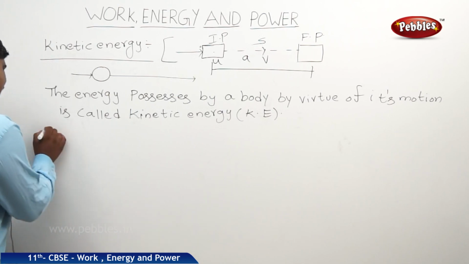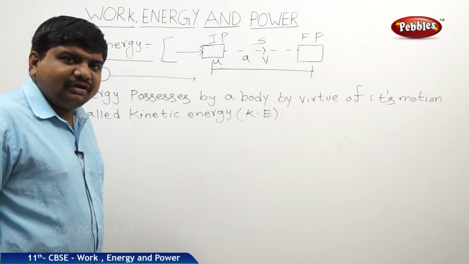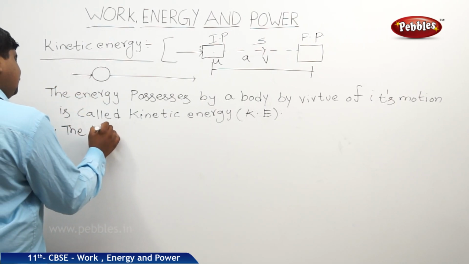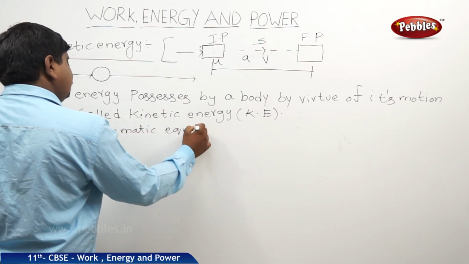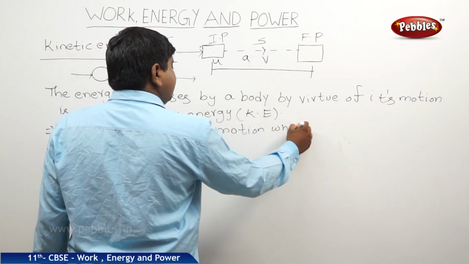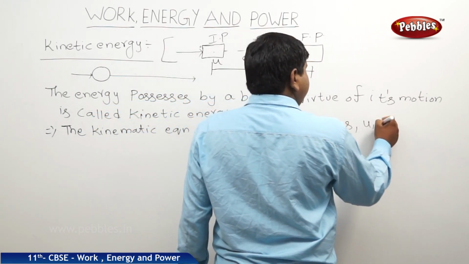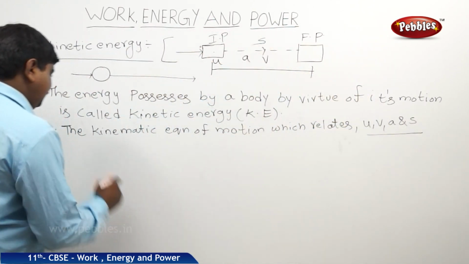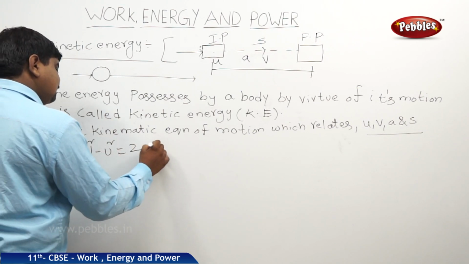So the kinematic equation of motion which relates these four, u, v, a and s, is v square minus u square is equal to 2as.